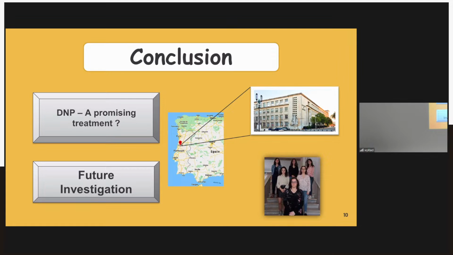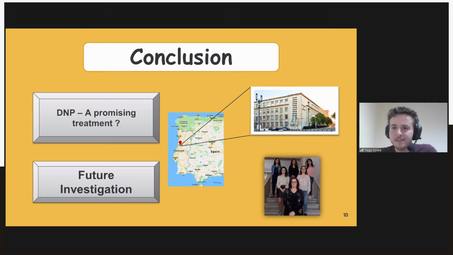Please describe shortly the limitations of your study. Yes, the study has some limitations. You can see that DNP was able to reverse the effect of oxalic acid. But how about any other toxins or proteins that are able to mimic Alzheimer's disease?